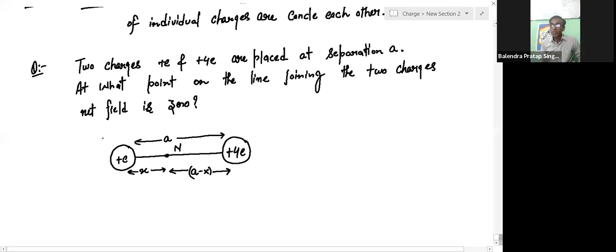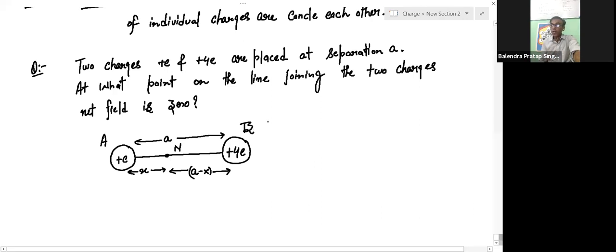So this charge I'm considering as A, and this one as B. Now the definition of a neutral point says that the net electric field at this point is 0.